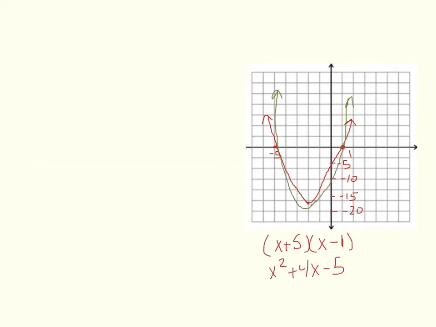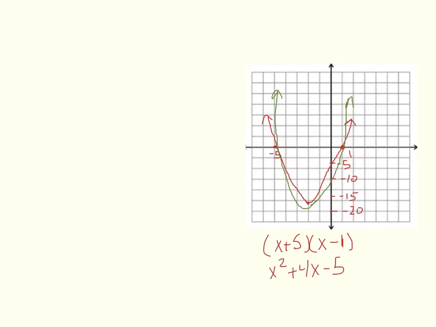Okay, so now we're going to look at this graph. We again have the same red parabola here that has roots at -5 and 1. It has a y-intercept of -5. We know that's the equation. But now I want to look at this green parabola. This green parabola still has the same roots, but the y-intercept is different.